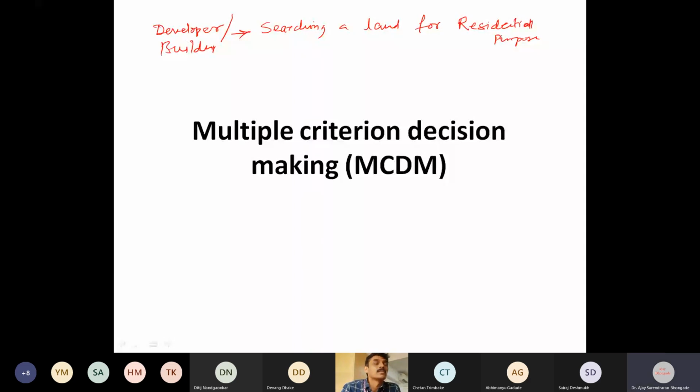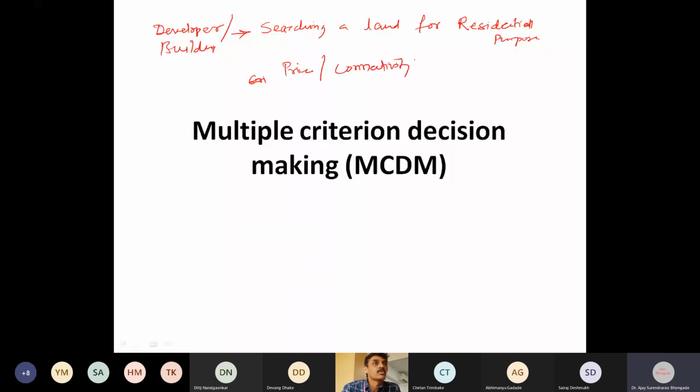Now, while searching for the land, obviously he has certain criteria in his mind, right? So what are those criteria? He has to consider the price of the land. He has to consider the connectivity of that particular land.